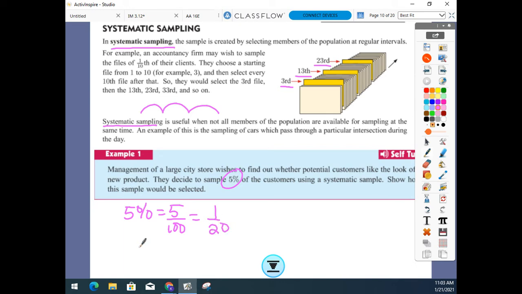So you just sample every 20th customer. If you do every 20th, then you're getting 5%. So whether you have 100 customers that day or 500 customers that day, if you pick every 20th customer, you're going to have 5% of the population represented.